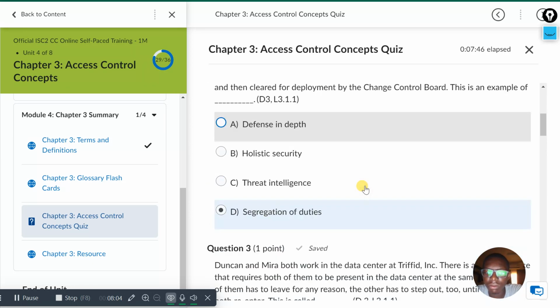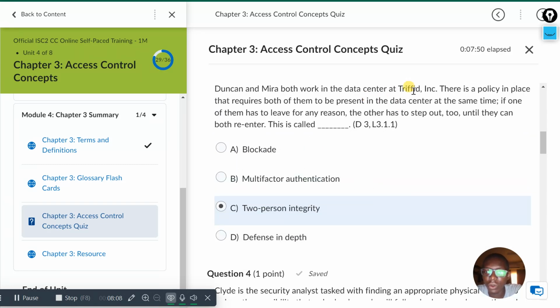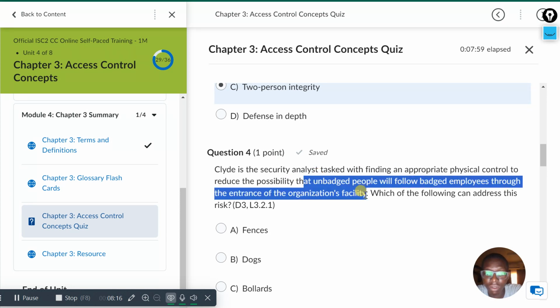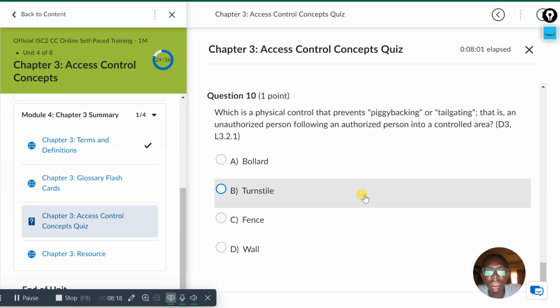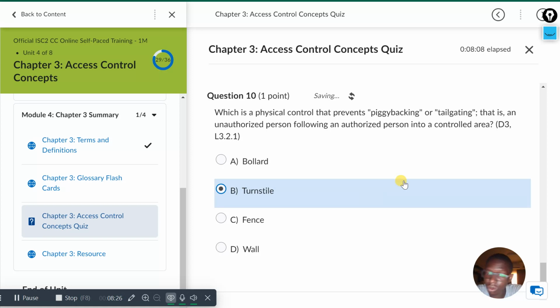Oh yeah, so it was a question here. Badged and unbadged people following employees through the entrance of the gate. Yes, so it was a question. And that was piggybacking or tailgating. And which is a physical control that protects it? Of course, we already know it's turnstile.